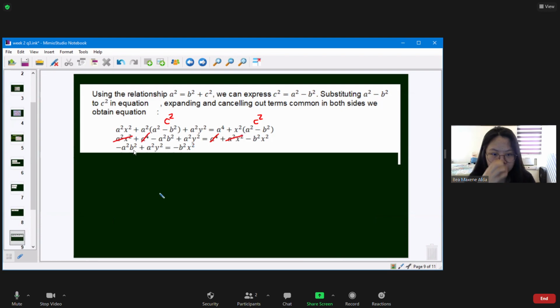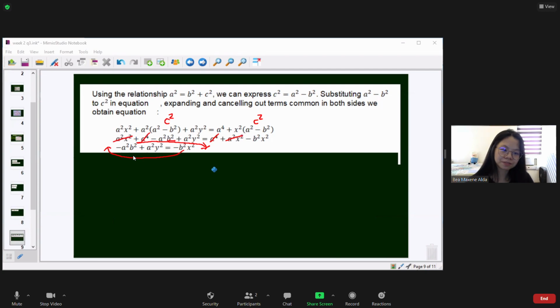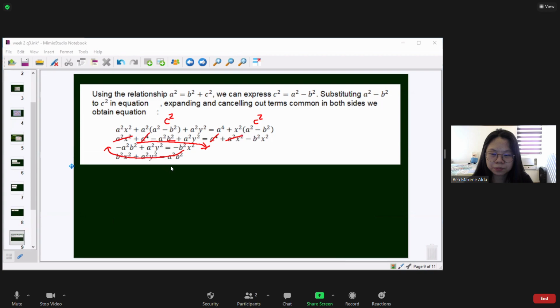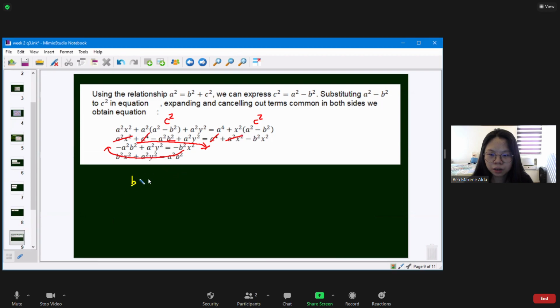Pero, syempre, hindi dyan nagtatapos. Ilipat natin, para mas maganda tingnan, yung may x and y on one side. And then, we'll leave the a squared b squared on the other side. Ganyan yung kalalabasan niya.